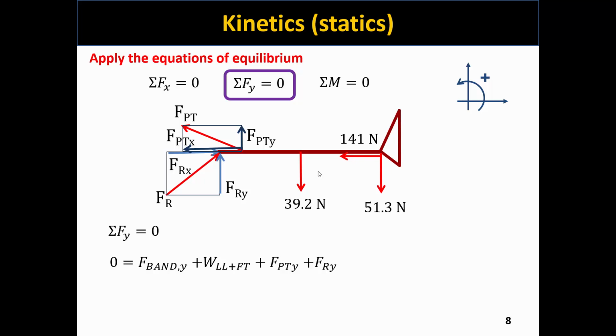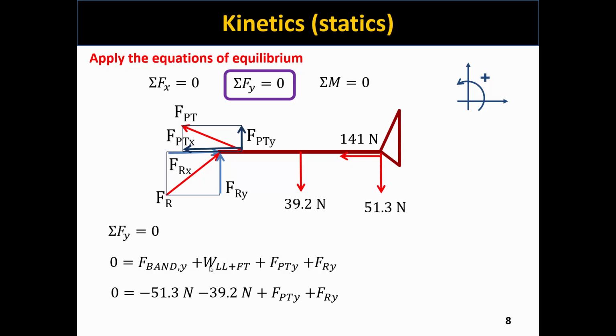Now we do have values here, we do have data, and when we start putting in our data, we start to reflect the positive or negative value of the numbers that we have in hand. So I'm going to do that right now. We know that we have a 0 on the left hand side, so we just carry that forward. And we did calculate in an earlier step the magnitude of that vertical component of 51.3, but it's going in the negative direction, so we bring that negative value.